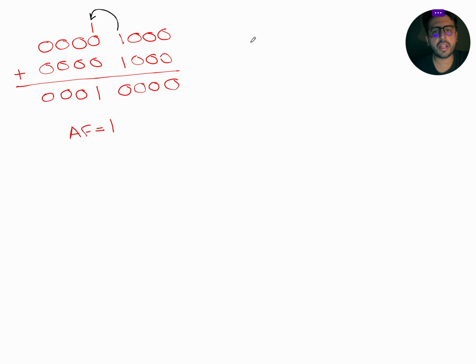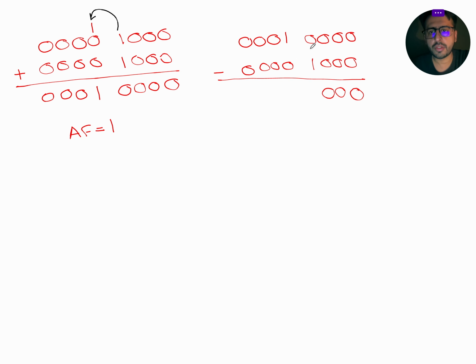Let's consider another example for subtraction. Now here 0 minus 1 is not possible. So this 0 will request the next number for a borrow. So this one will become 0 and it will give its base as a borrow.